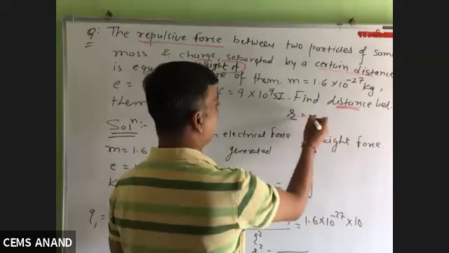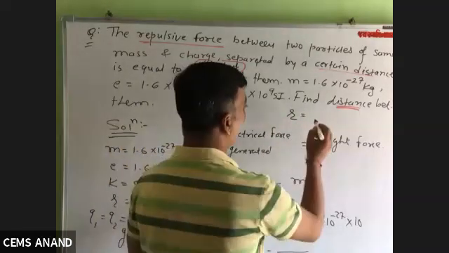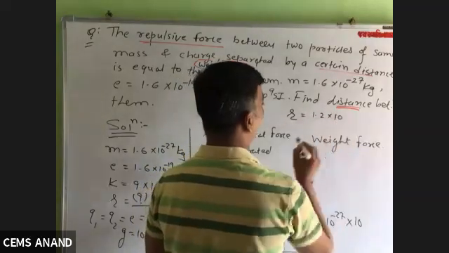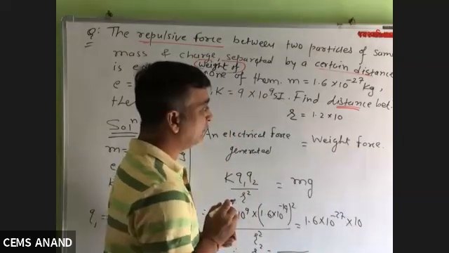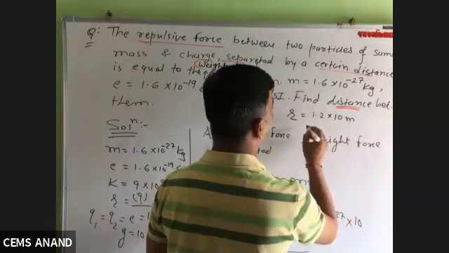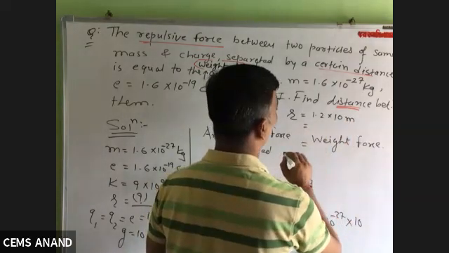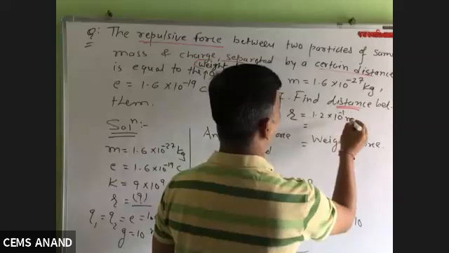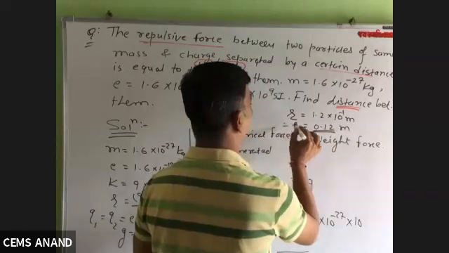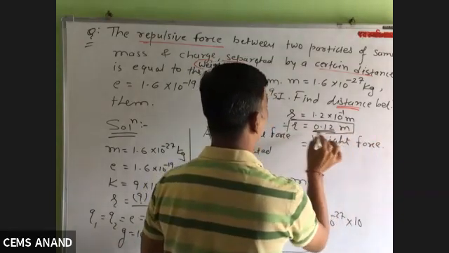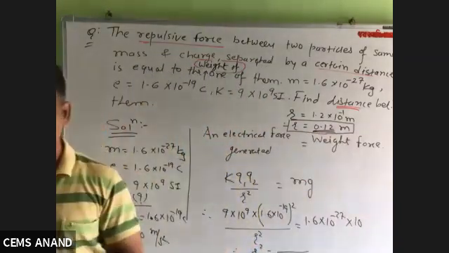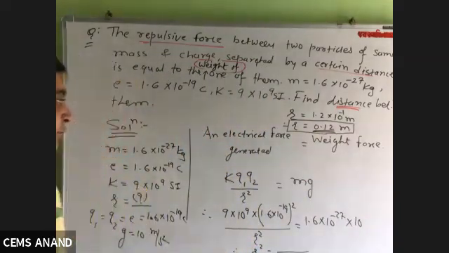That's r, which equals 1.2 into 10 raised to minus 1 meter, or 0.12 meter. Your answer may be in a different form, but the final answer of r should be 0.12 according to my calculation.